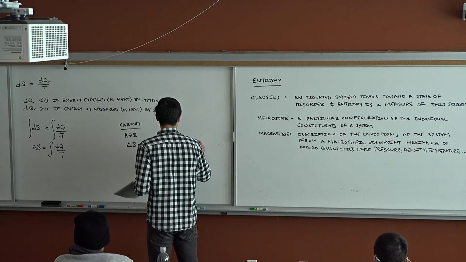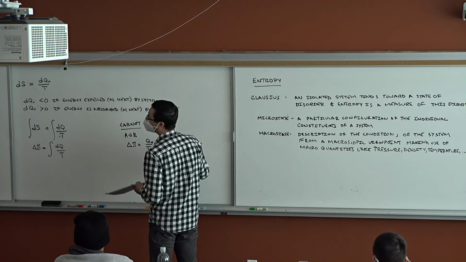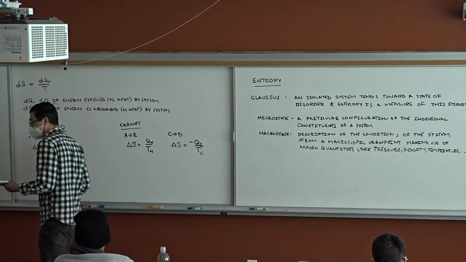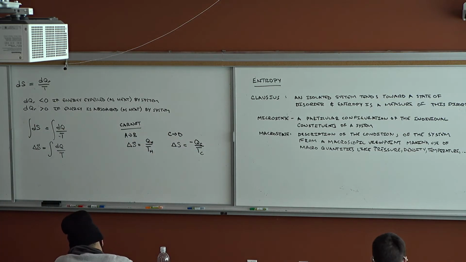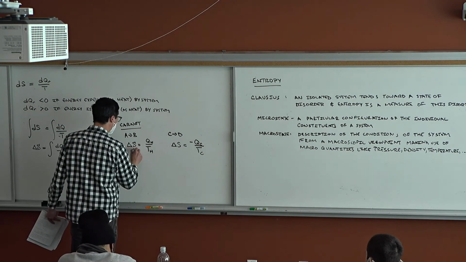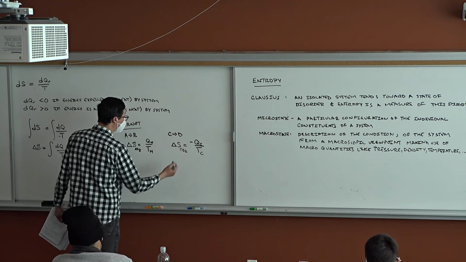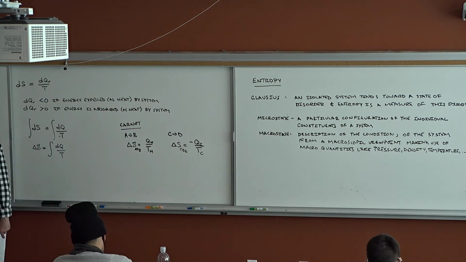So, did I go with QC and TC? Yeah. So in that case, what's the total change in entropy for one cycle? 0. I'm going to call this A to B, and I'm going to call this C to D. Are you using the fact that it's a state function to say that it's 0?